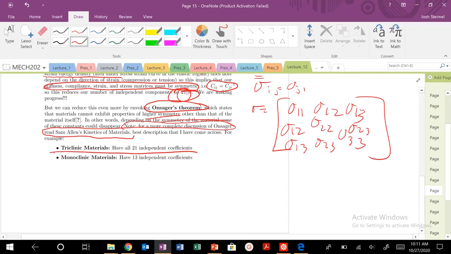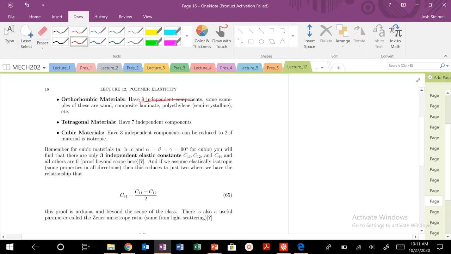My triclinic has the lowest symmetry, so I have all 21, monoclinic 13, and then all the way down to 9 for orthorhombic. These are really important for composites and some polymers as well. Tetragonal 7, and then for cubic, I'm just going to have 3, and 2 if I'm isotropic.